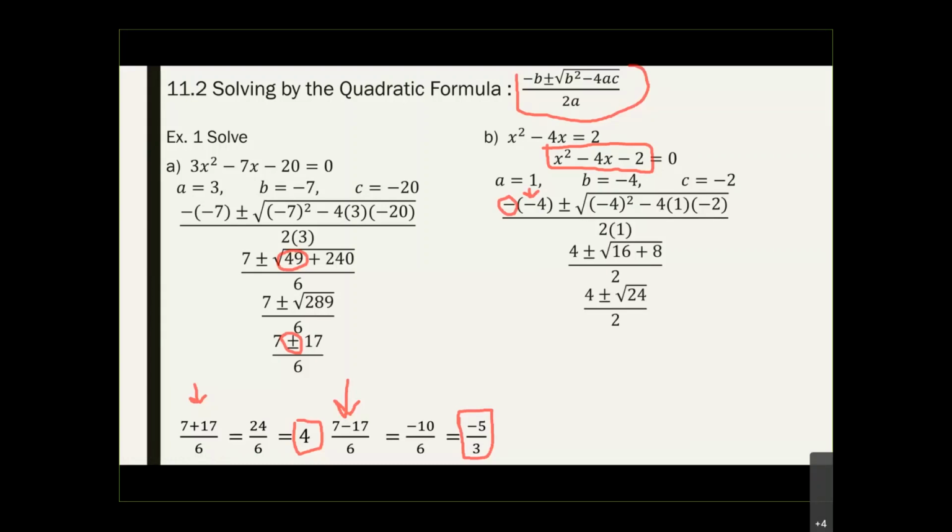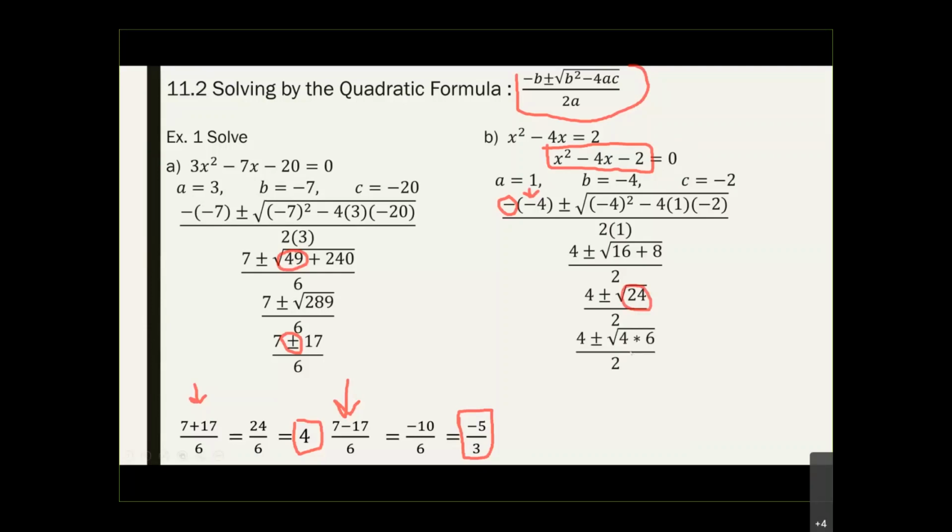And this is the obstacle, the problem of this quadratic formula. What is the obstacle? Well, 24 is not a perfect square. So we have to ask ourselves, is there a perfect square inside 24?